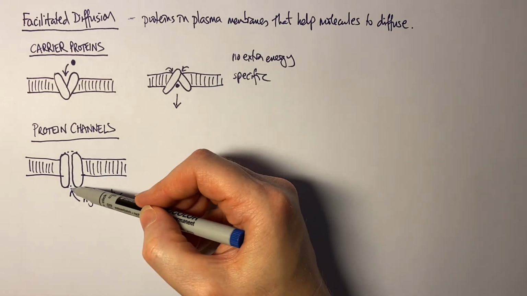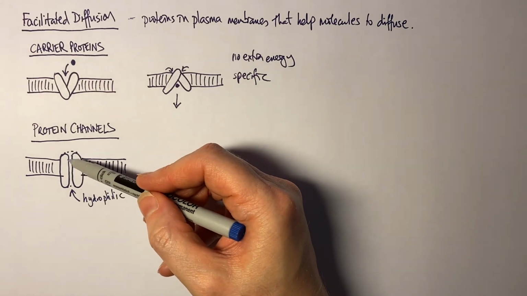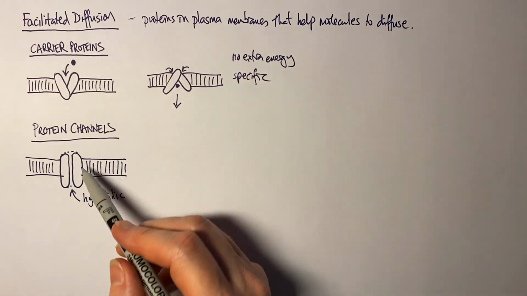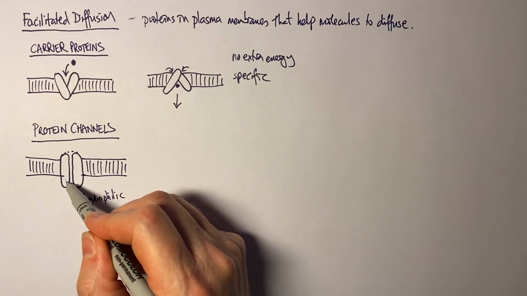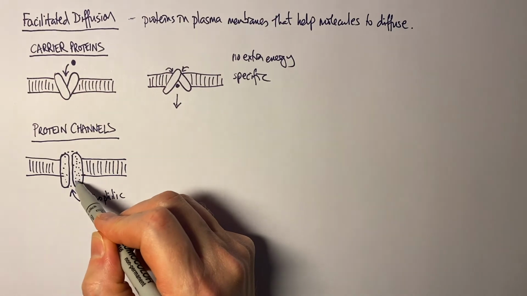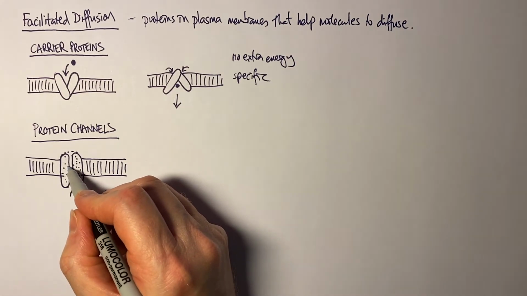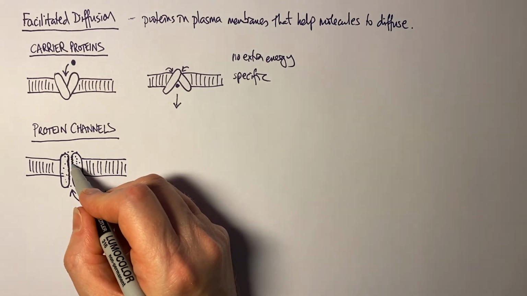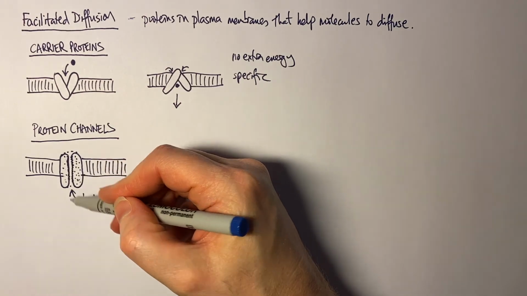However, here is a little channel which is hydrophilic. And that channel is hydrophilic because, if you remember, proteins are made of amino acids. And different amino acids have different R groups. Some of those R groups are hydrophilic. So all the amino acids that are found along the edge of that channel all have hydrophilic R groups. So it makes this area hydrophilic.